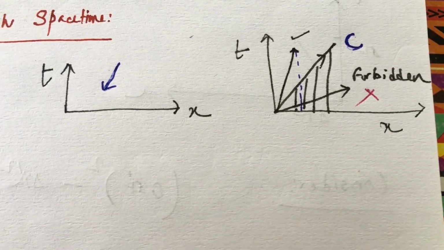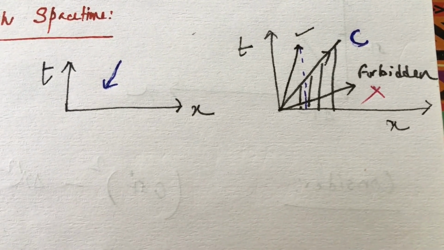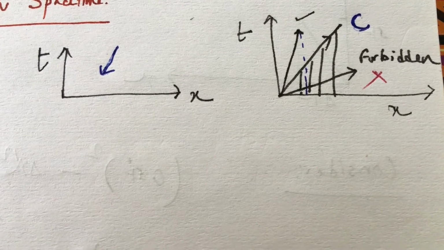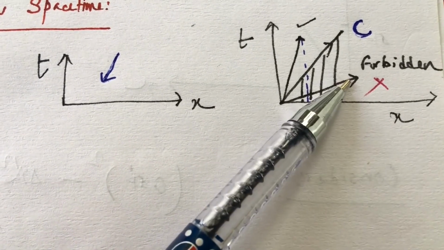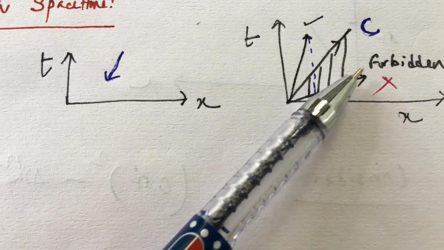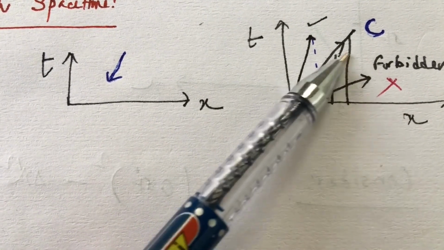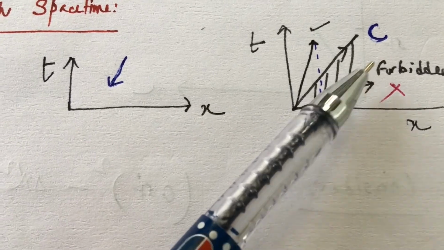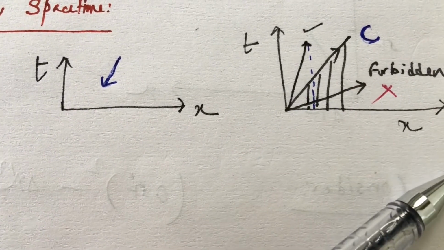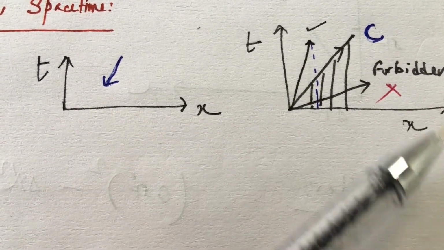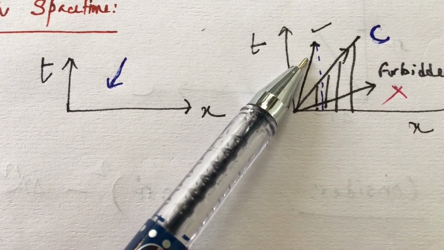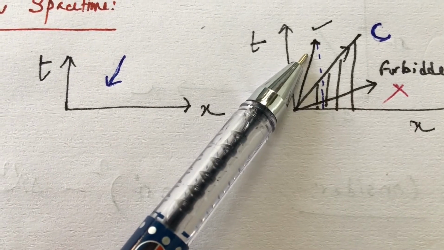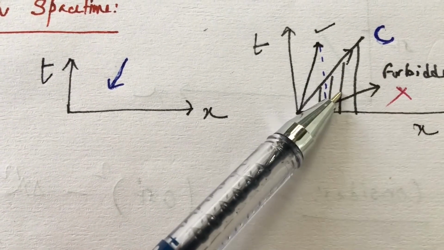I have already discussed this in my special theory of relativity video, which tells me that this region is forbidden. Because if I want to travel anywhere in this region, that means that I am traveling with a speed which is greater than c. This region is okay. I can travel with any speed less than c, but not greater than c.